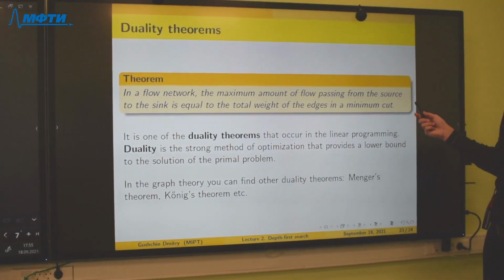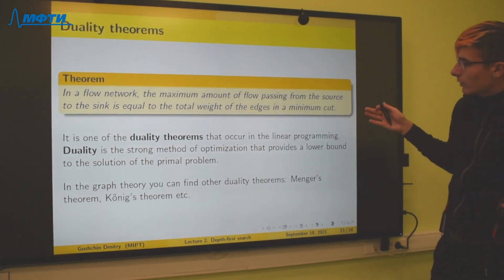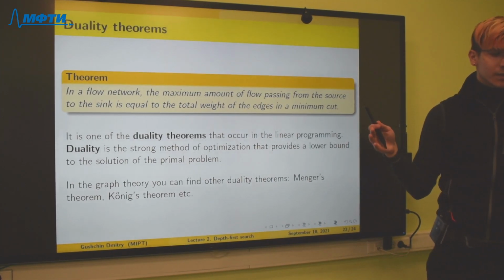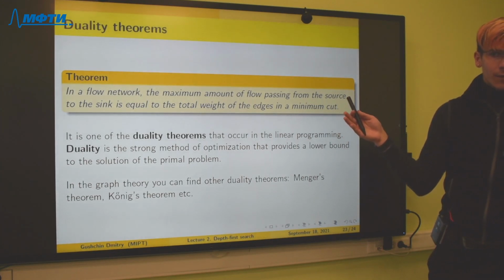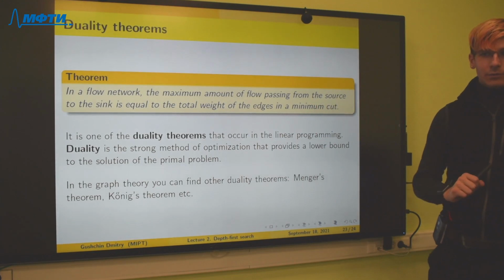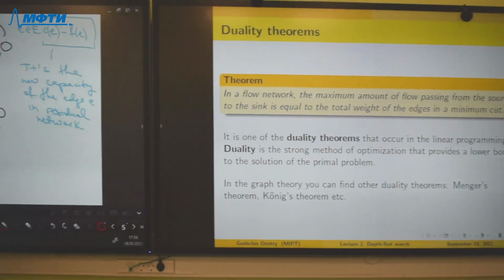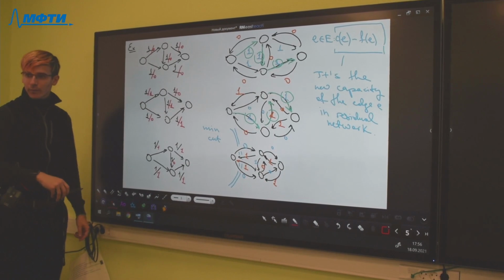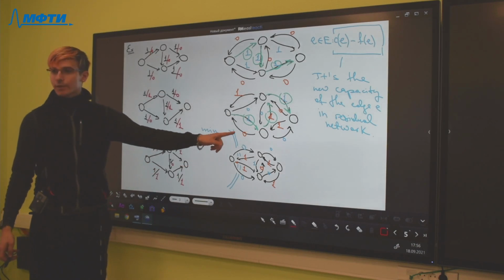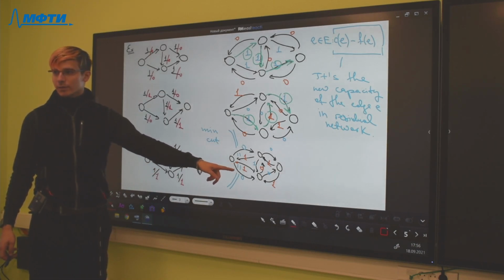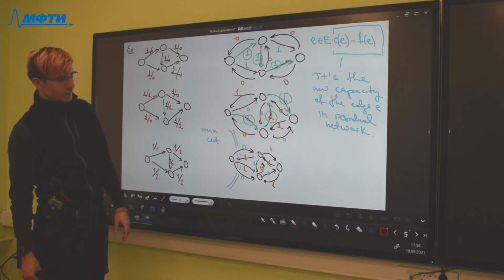And for example, in this case about flows and cuts, we say that if we have a flow network and we want to understand what is the minimal cut of this flow network, we can get the maximal flow, and then, as in this task, if we have the maximal flow that goes through the graph, we can get the minimal cut, and it is a duality between two tasks.